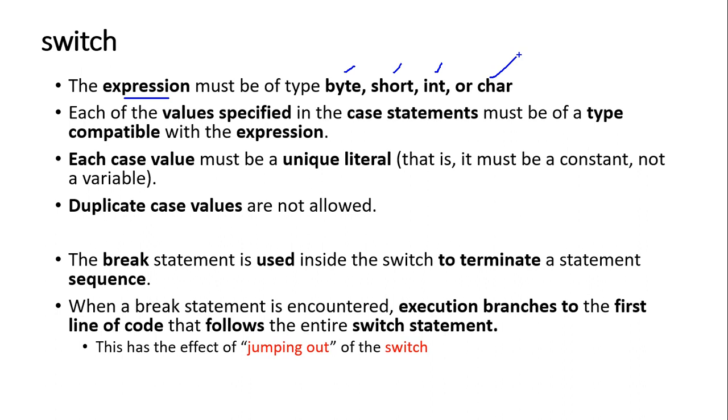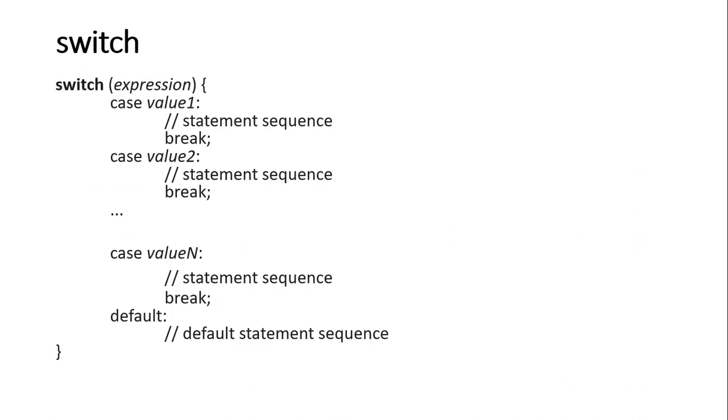Next one, the values that you specify after the case must be compatible with the expression. What does this mean? You know very well the expressions could be integer, float, and so forth. Suppose the expression happens to be Boolean, then you cannot write 0 or 1.